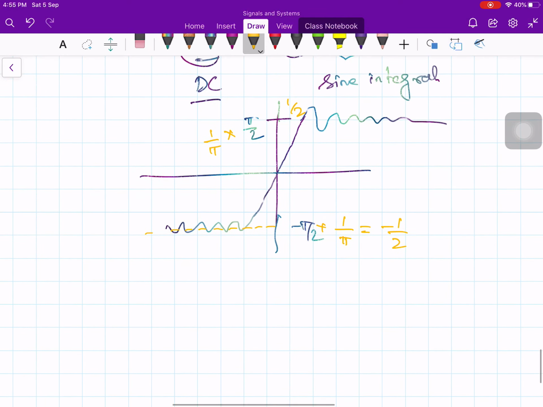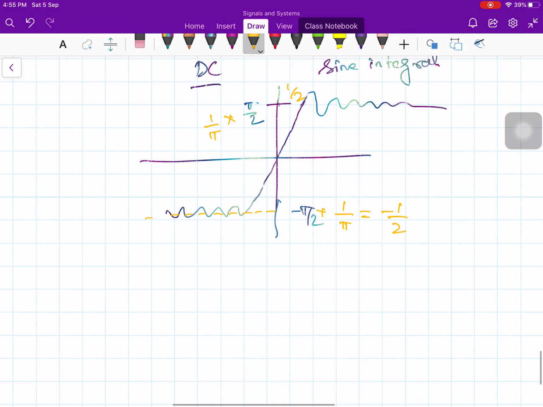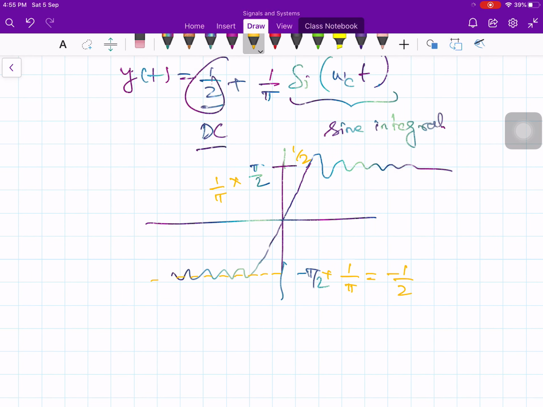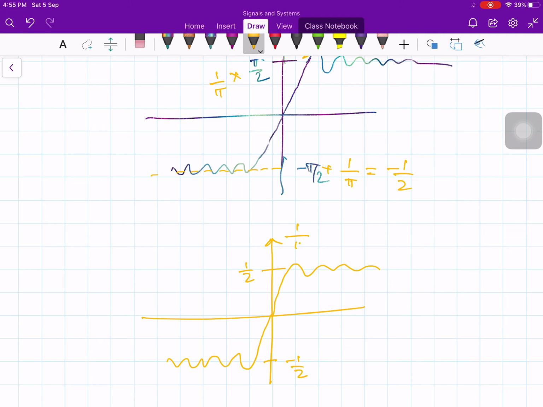So it goes like this, then here also like this. So this point is 1 by 2 and this point is minus 1 by 2. What is this function? 1 by pi times Si of omega c t.